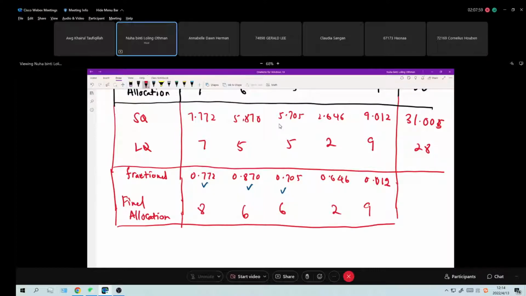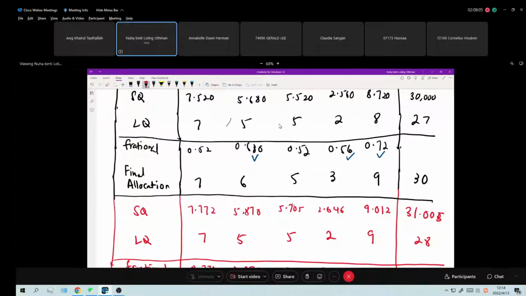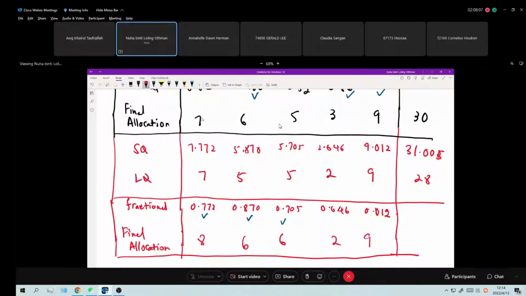Based on this one, the original one, the final allocation is 76539. This is the original one.